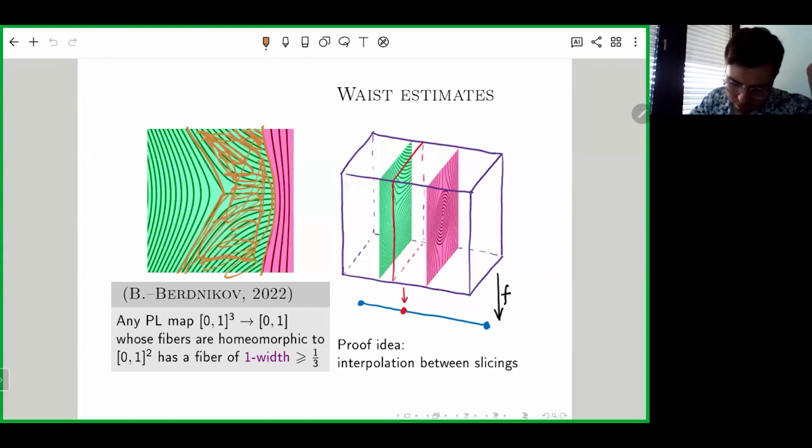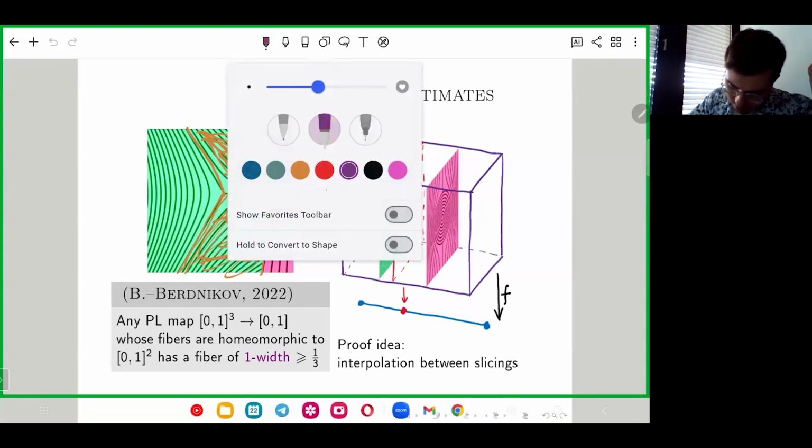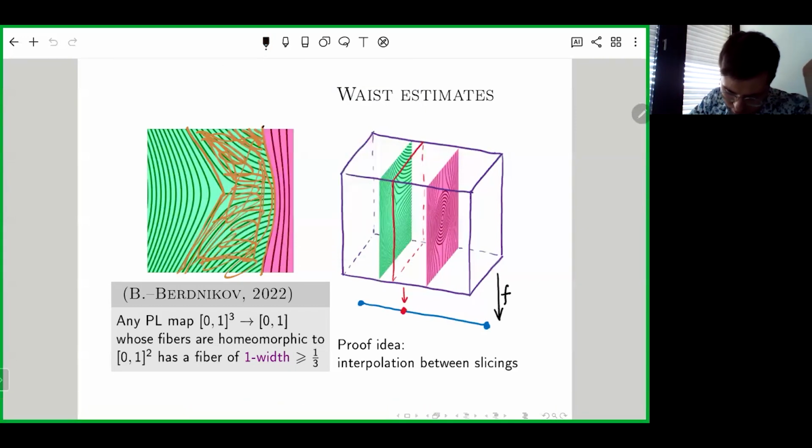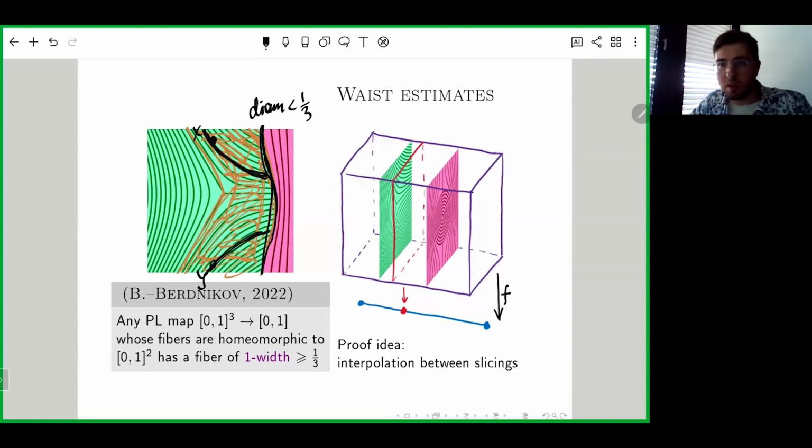So for example, in this picture, I had this fiber of diameter less than 1/3, but I also knew that, if I want to measure the distance between two points X and Y here, this fiber of the green slicing had diameter less than 1/3, and this fiber of the green slicing had diameter less than 1/3.